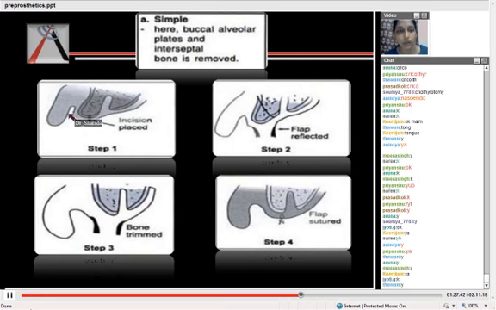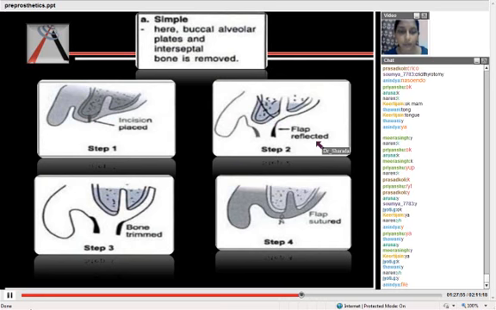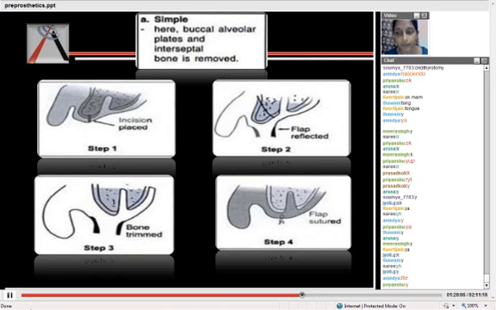So you reflect this and smoothen it, using either a bone rongeur, a burr, or a bone file, depending upon the size. You trim the bone and suture it back. It's simply done. Understood?